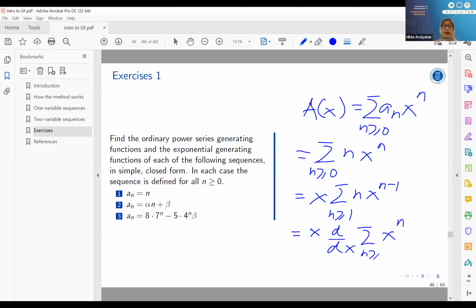Yes. And this one is what? It is 1 over 1 minus x. Yes, that's correct. So what is the derivative of this? It is x over 1 minus x, squared.